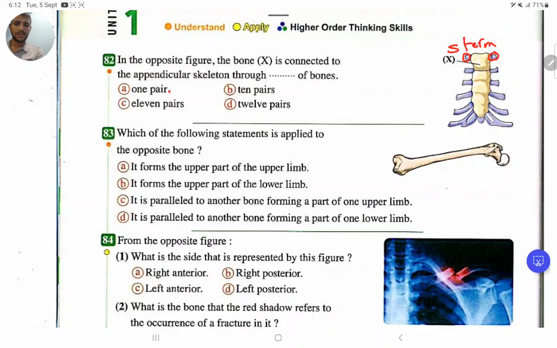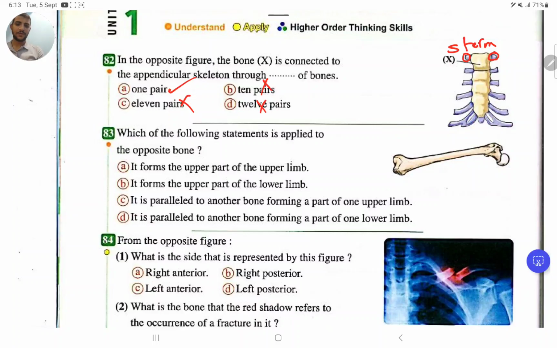So one pair is connected in part X only. And when I mention the total bones, not part X, the connection of bones is 10 pairs. Yes, 10 pairs, because I have two pairs that aren't connected to the sternum, called floating pairs. So it's one pair of bones.